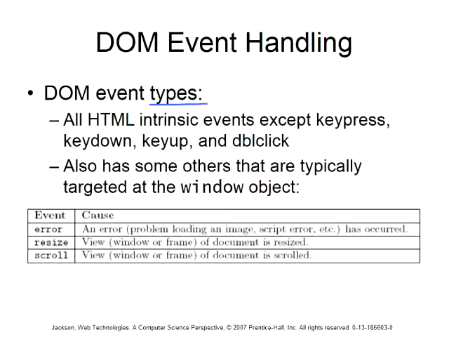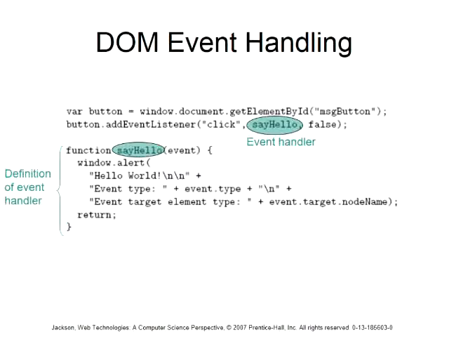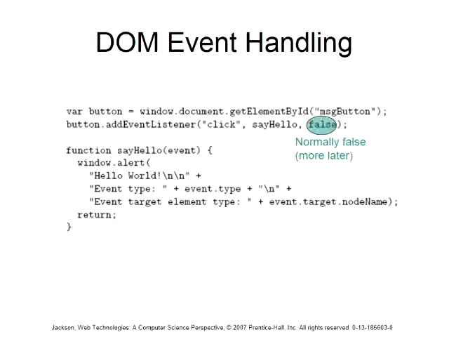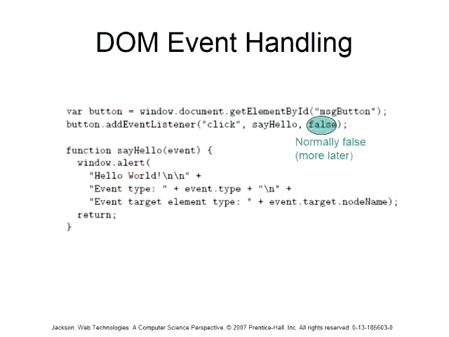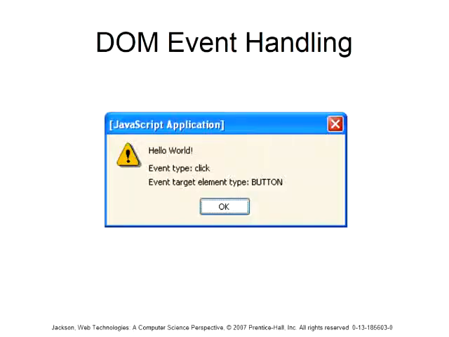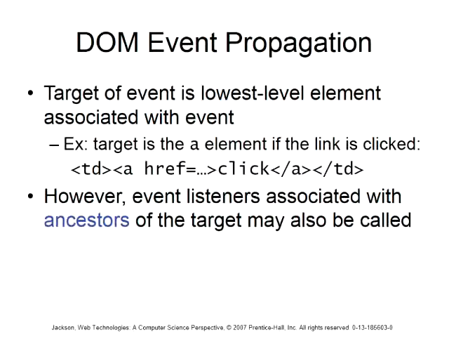Also there are some others that are typically targeted at the window object, like error, resize, scroll, etc. Let's move now. Yes, pop-up message. So here the result is a pop-up message. This message is the result of the click.